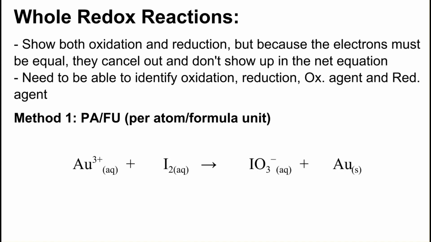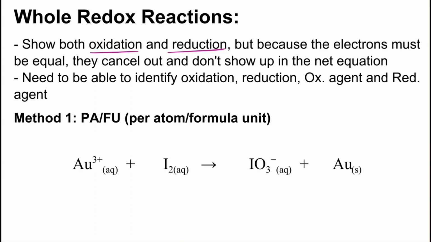So, a whole redox reaction shows both the oxidation and the reduction of species. But because one is losing electrons and the other one is gaining the same number of electrons, we don't actually show electrons anywhere in this reaction. In the net reaction, they cancel out on the reactant side and the product side.